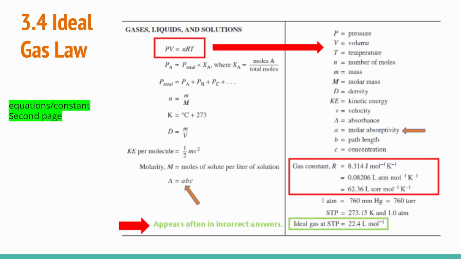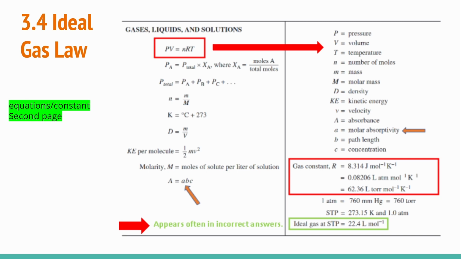We also have the other equation that I have pointed out in orange, and that is based on absorbing gases and stuff, and we'll talk about that later. Now, one thing I do want to point out is the one in green, and that answer, 22.4 liters per mole, is a very common incorrect answer on MCQs.